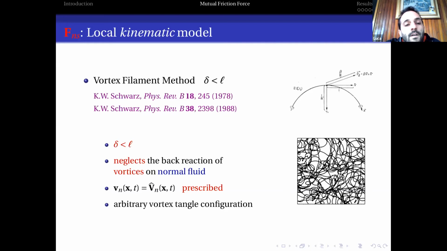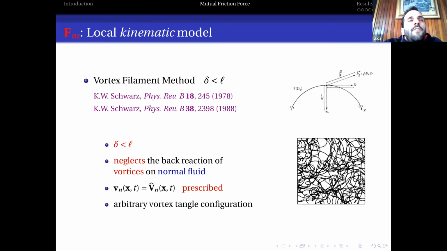Therefore, in order to make this simulation and to make advances in the field, the normal fluid must be prescribed depending on the fluid dynamic characteristics of the system that we are interested in.